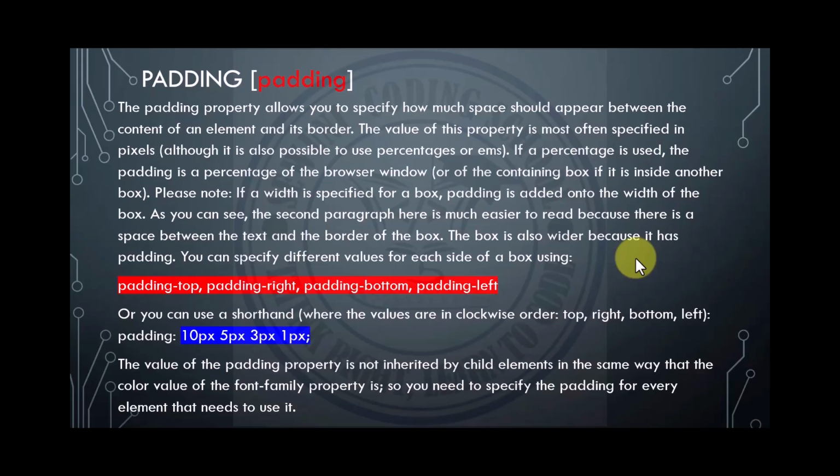The font family does inherit, but padding does not. So you need to specify the padding for each of them, whether it is a parent element or a child element.